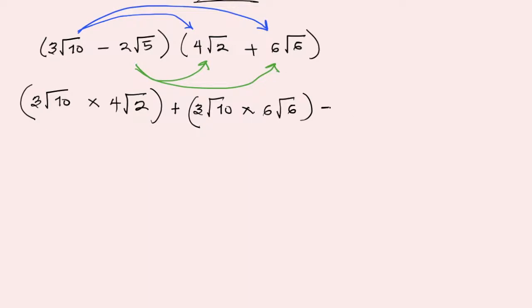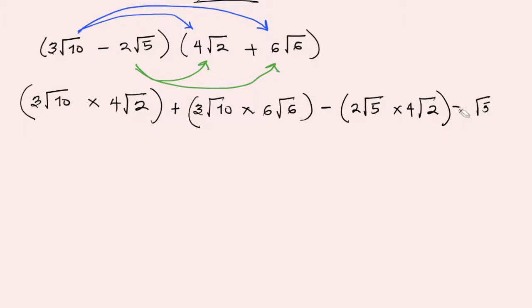So we're going to have a minus here because minus times plus is minus. So minus 2 root 5 multiplied by 4 root 2. And minus times plus is also going to give us minus. So that's minus 2 root 5.